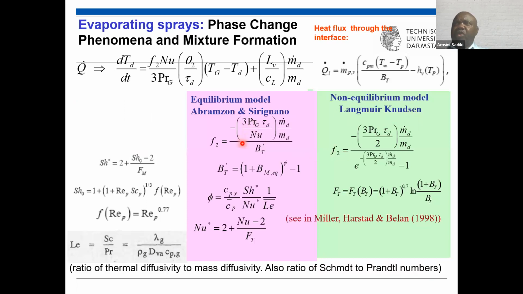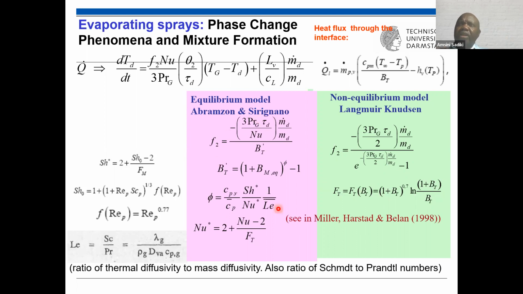F2 will now have this form, in which BT is given by this expression, and FT is provided by this relationship here, so that we have a very complex formulation of the evaporation model.